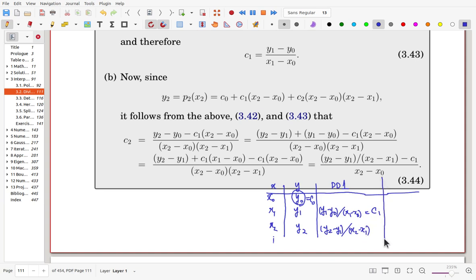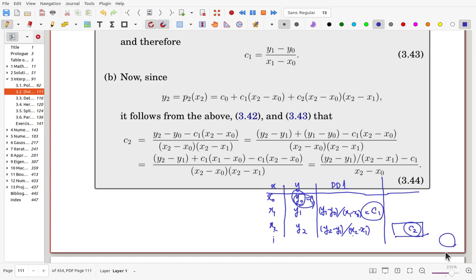After that, this one is this term minus this one, divided by that difference. That will be put here, and this will be c2. Like that, we continue the divided difference table, and the diagonal values become c0, c1, c2, and later c3, and so on.